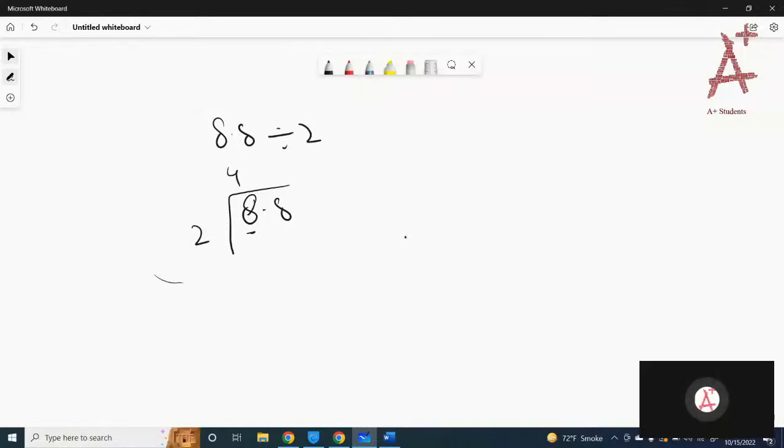We can go for 2 times 4 is 8. 8 subtract 8 is 0. Then you have a decimal point over here, so put the decimal point over here. Bring the next digit down. Again, you can go for 2 times 4 is 8 and 8 subtract 8 is 0. That means 8.8 divided by 2 is 4.4.